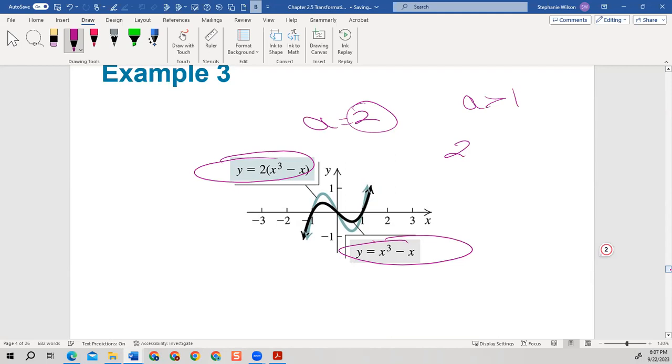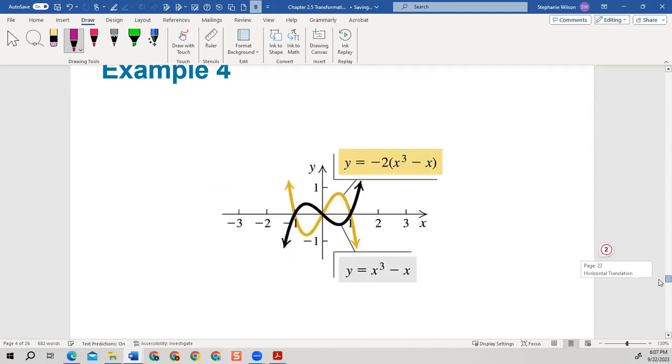Now, again, if A was negative, if this was a -2, it just means that we would flip this and it would be a reflection about the x-axis. That's why they said absolute value of A. And here's another example. This is what I was talking about. We've got y equal to -2 times x cubed minus x.